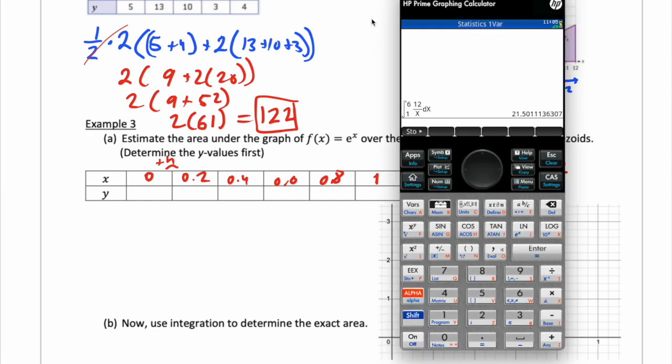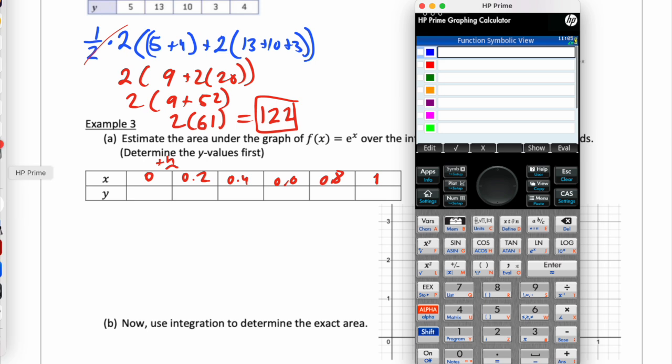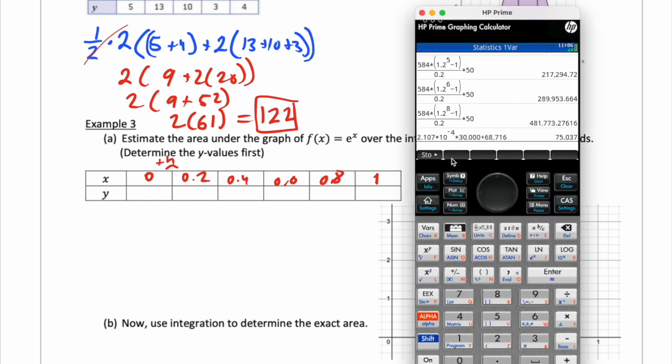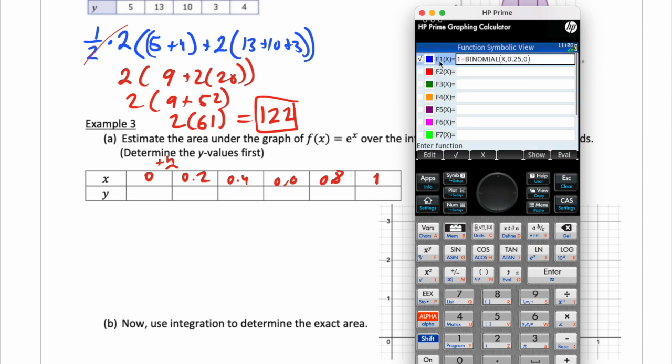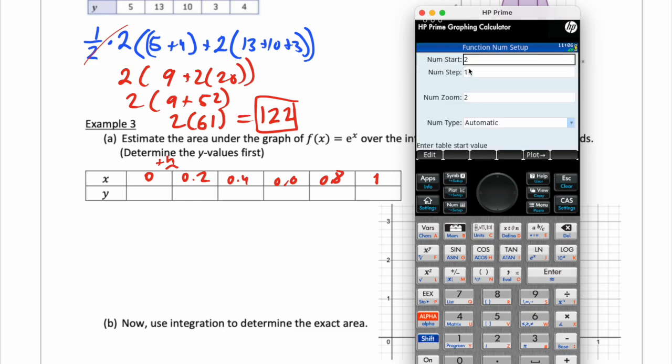Let's get them from the calculator. Let's go to apps, function. I think I'm going to need to reboot my calculator. Hang on. Okay, let's go to function and type in e to the power of x, enter, and I'm going to go shift num because I want to start at 0 and I want to go up by 0.2, so I'm going to change the step size to 0.2.